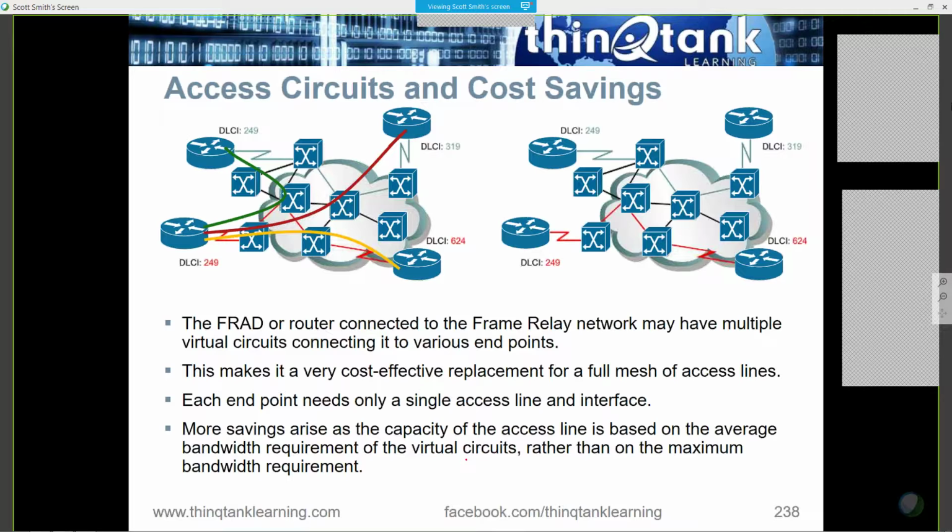Bandwidths didn't have to be like a gig or 100 meg or even fast Ethernet. In fact, typically with frame relay, you're dealing with bandwidths of kilobytes. 512 kilobytes, 768 kilobytes. Okay? That bandwidth requirement is called a CIR. Does anybody know what CIR stands for?